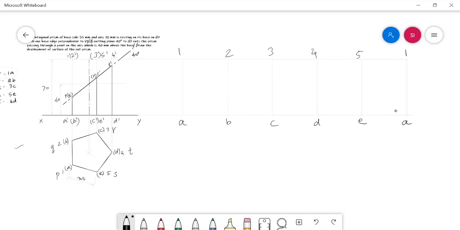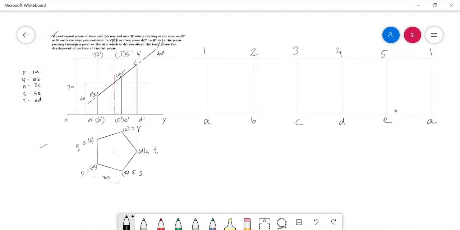Now I need to mark the cut points in their respective long edges simply by projecting them from the front view. So from this front view, I need to project each and every cut point towards the development area, and then mark the corresponding cut point in the respective long edge.